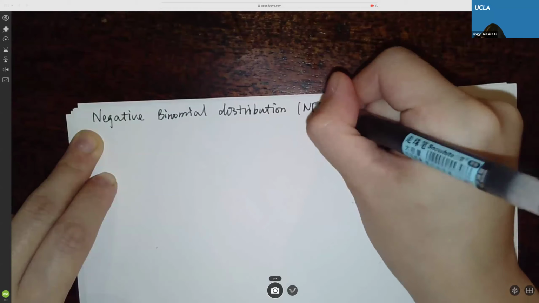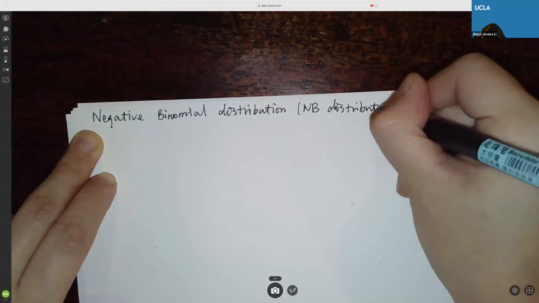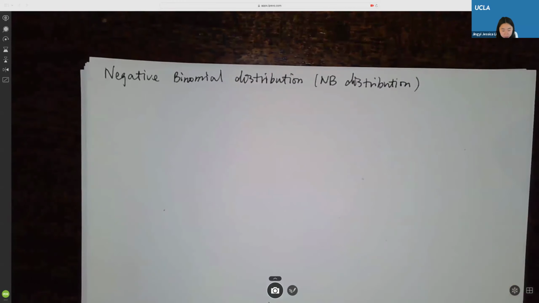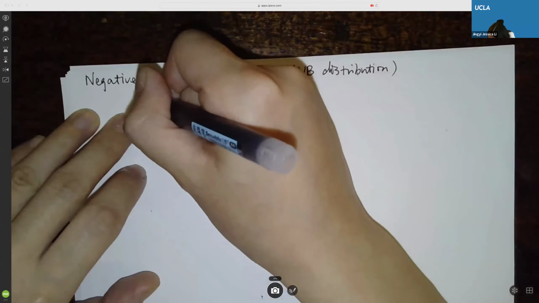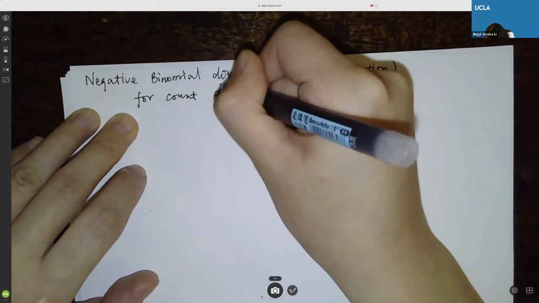Many people call this NB distribution. Okay, why do we want to introduce this? Because it is a distribution that is commonly used to describe counts. It is for count data.